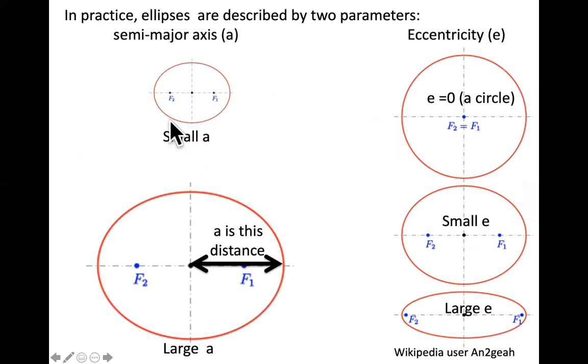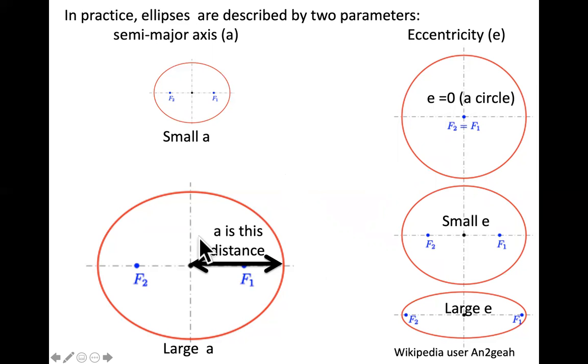The first property of an ellipse is what's called its semi-major axis. It's basically half the distance across the longest axis of the ellipse. This is basically a measure of how big your ellipse is. If you have a small semi-major axis, the ellipse is small. If you have a big semi-major axis, the ellipse is big.